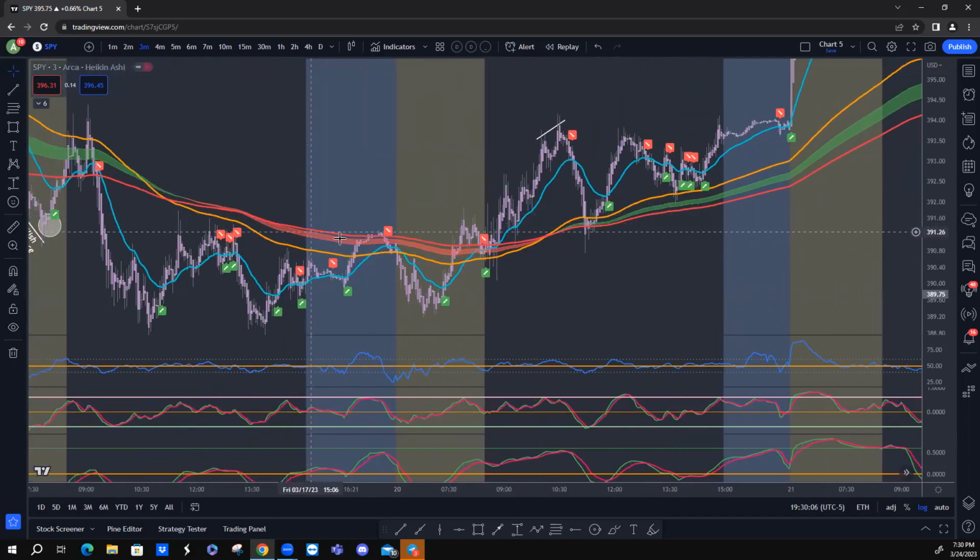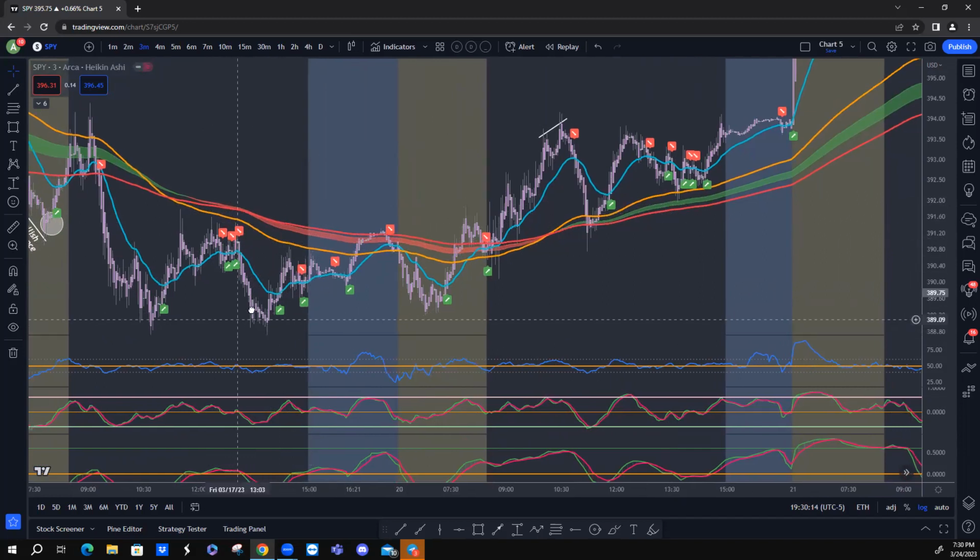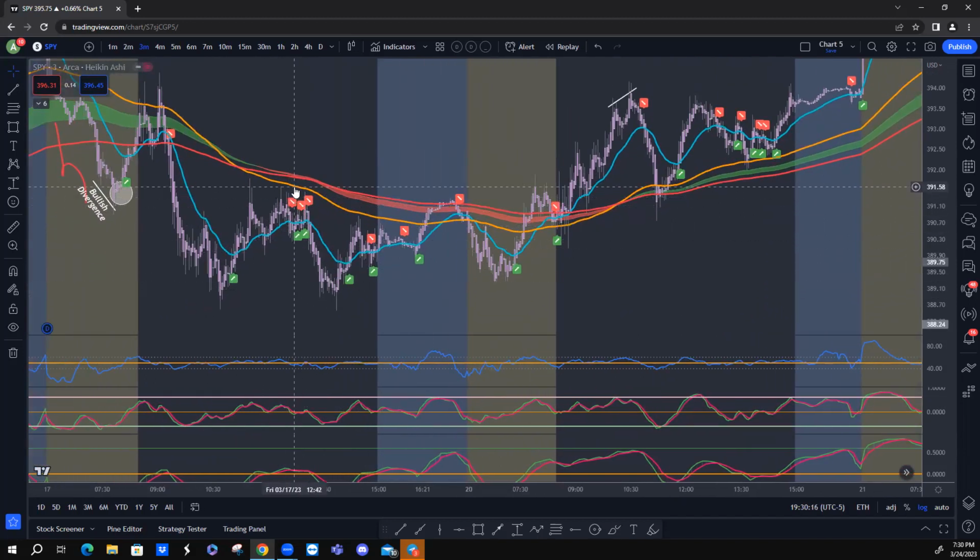It just fills in the color, and it's another little visual. So an idea I had was, maybe you can take trades according to the color of the ribbon. In this case, you've got the red ribbon right in here, and then here you can only maybe take shorts, for instance.